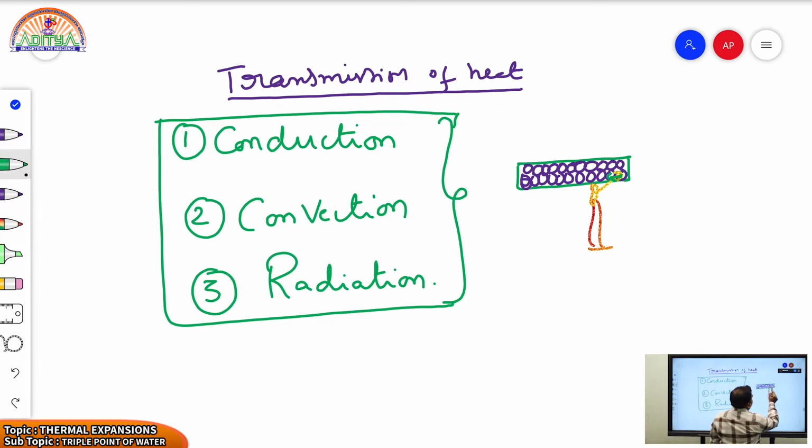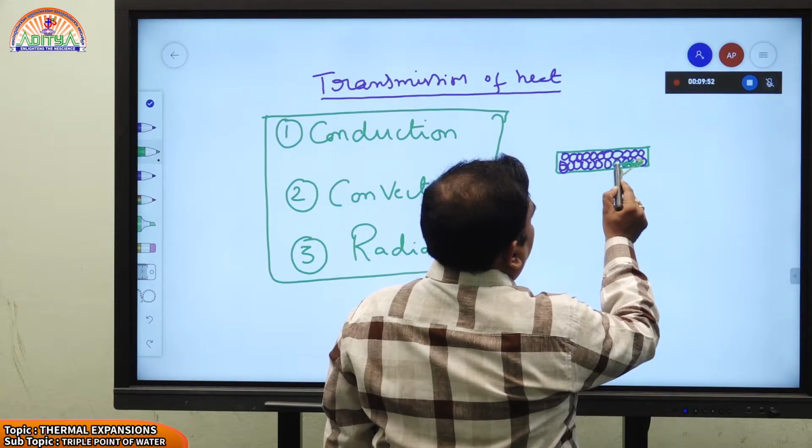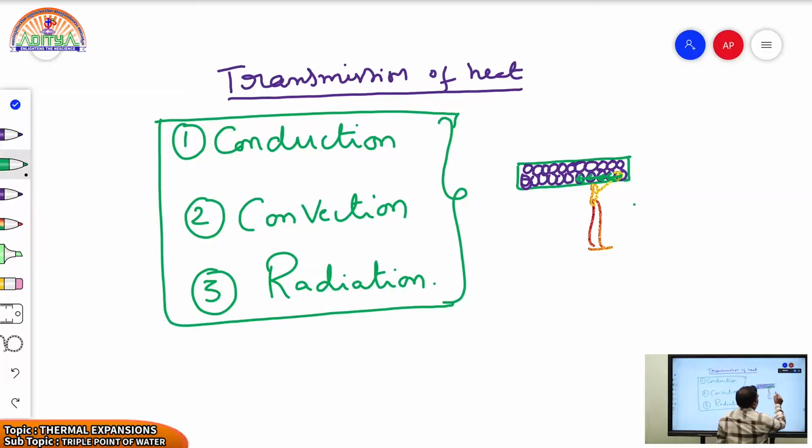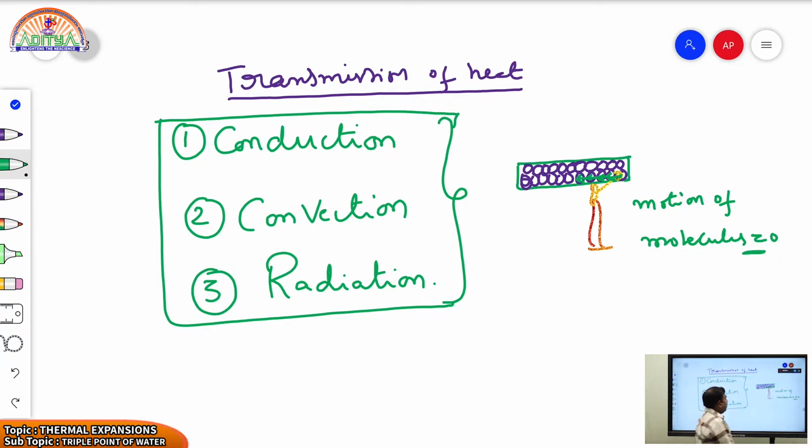Now it will be moved to second, second to third, third to fourth, fourth to fifth. Here the motion of molecules is equal to 0. Molecules are not moving, but transfer of heat takes place.